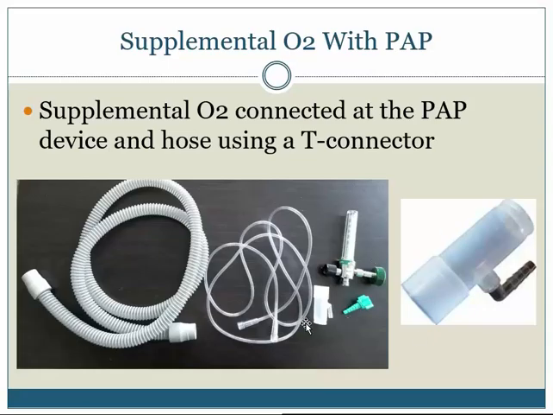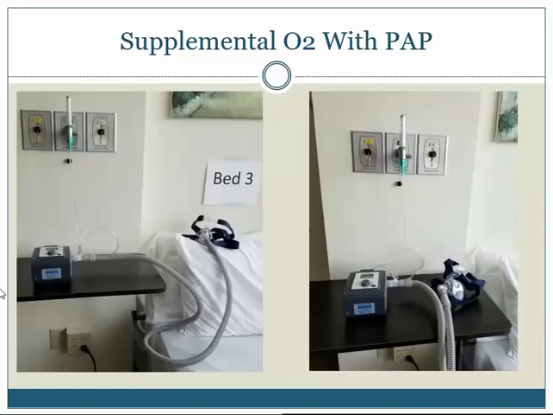This is what's known as a T-piece connector to connect in the supplemental oxygen and make it part of the circuit of the CPAP. So pictured, what you see is you'll have the oxygen tubing connect from your flow meter to your machine. The tubing connects to your little T-piece, and then it gets delivered to the patient.